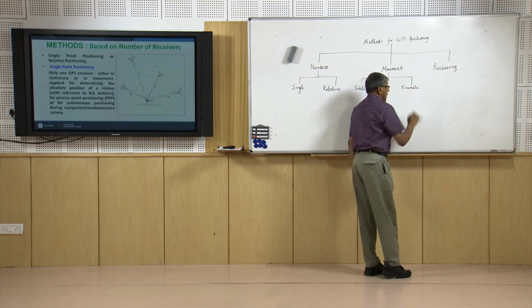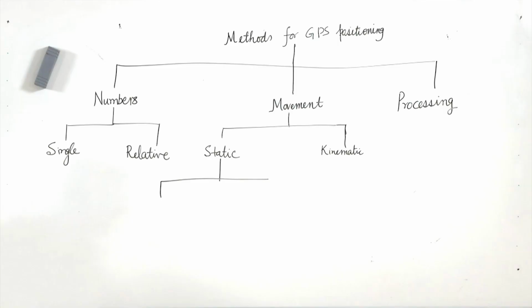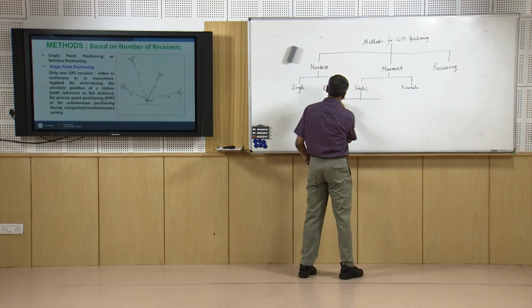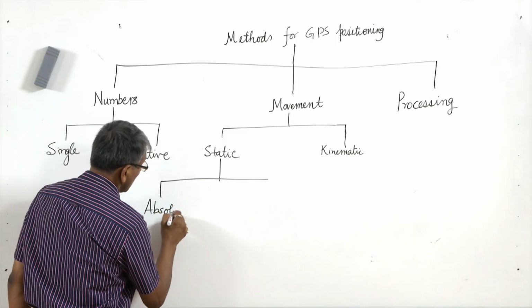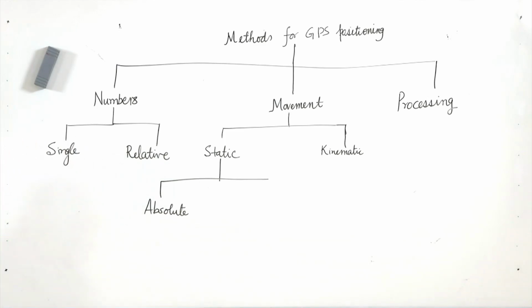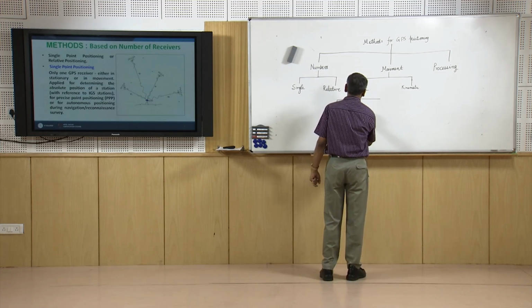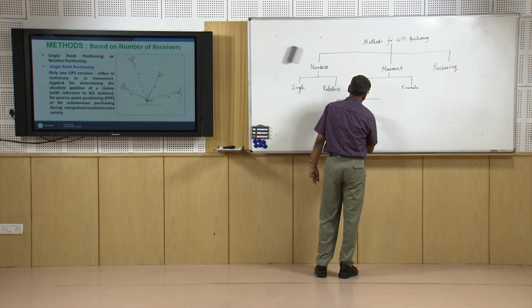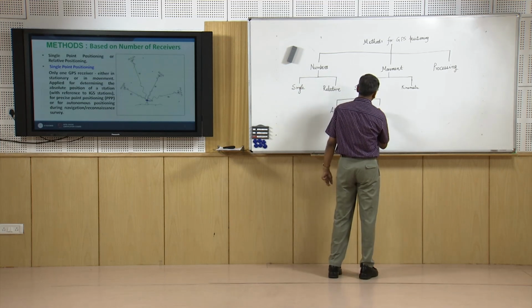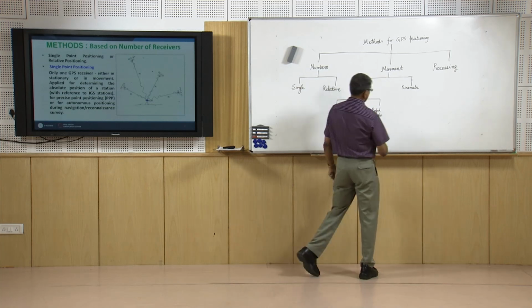And then our static type again may be of 3 types. One is called absolute static positioning of GPS receiver, then static method of surveying, and the third one is called rapid static.